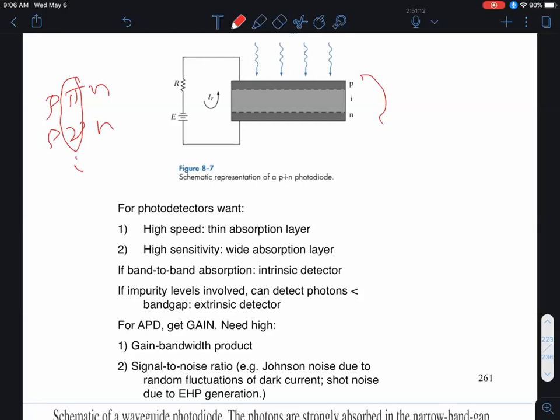Now, if I have an intrinsic doping such as this, and I draw the band diagram, what you end up getting is in the P region, you have this. Then in the long I region, you get a band bending like this, and then you have N, where in this I region, these band edges will actually be linear.